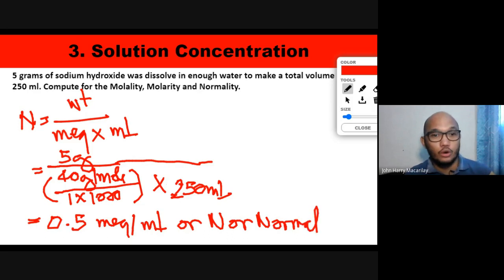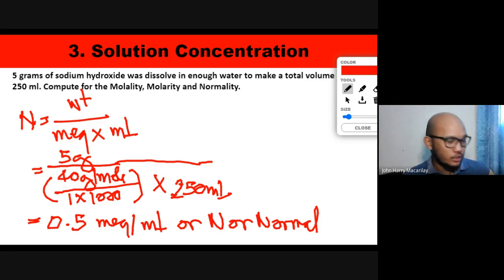So in the laboratory, normality is very important, because we will be using this one in our titration method. So for the concentration, what we make use for titration is your normality. Molarity, on the other hand, is frequently used for determining the pH. So please remember, molarity is for pH, and for titration, what we commonly use is the normality.